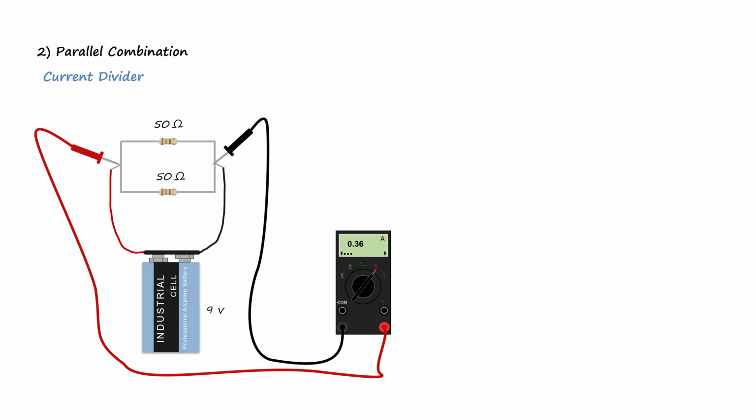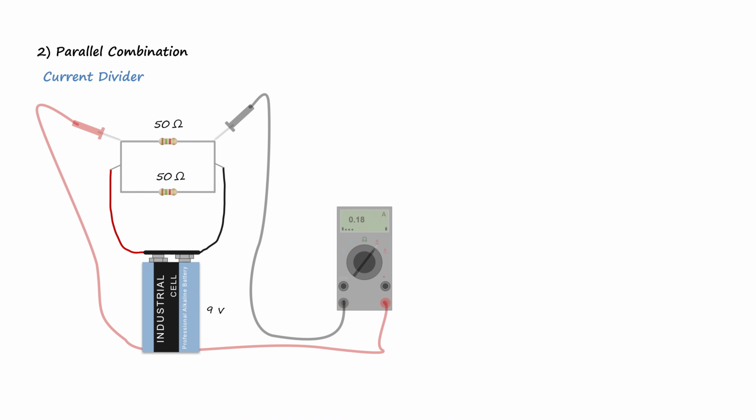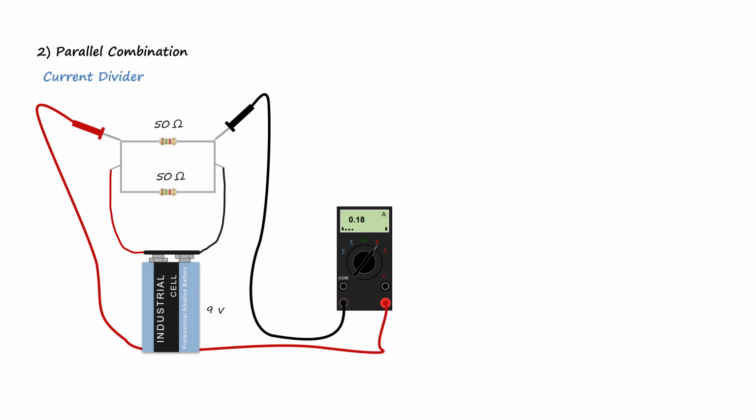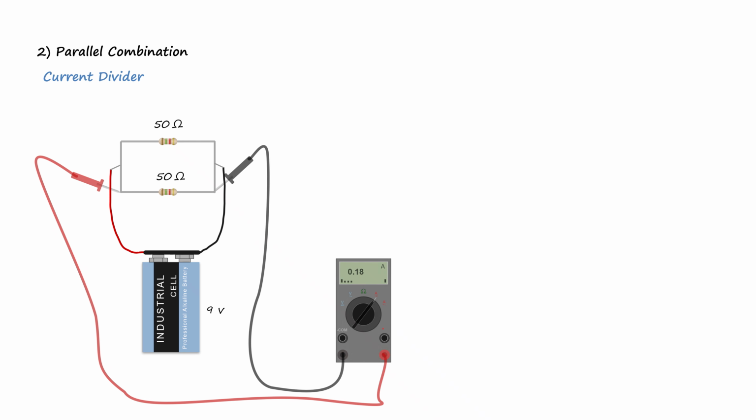And when we measure resistor 1, we get 0.18 amperes. And also when we measure resistor 2, we again get 0.18 amperes.